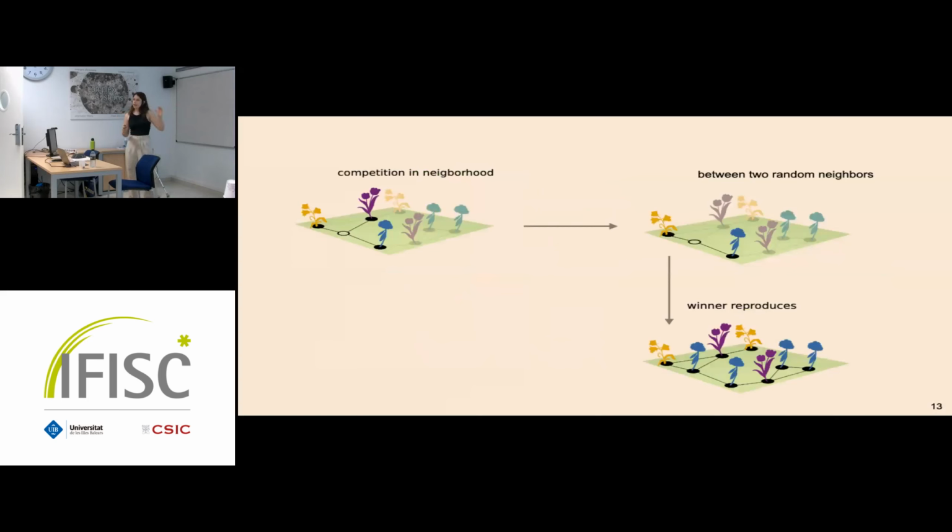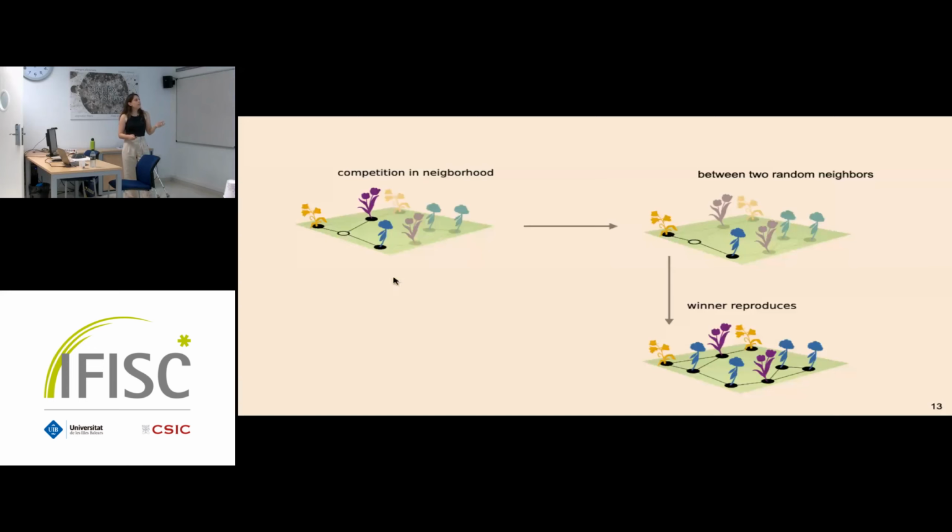Our dynamical model is very simple. Basically, at each time step, one individual dies, and that creates a vacancy that needs competition in the neighborhood.